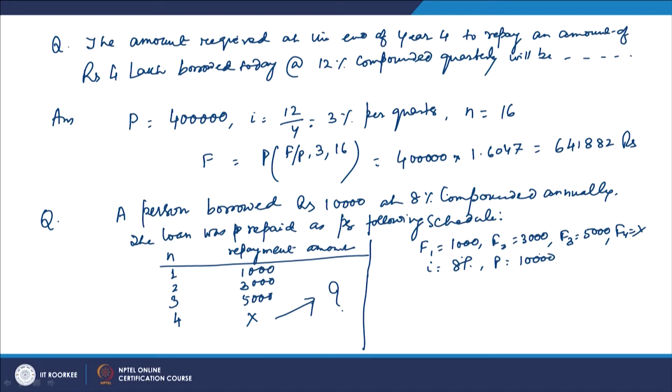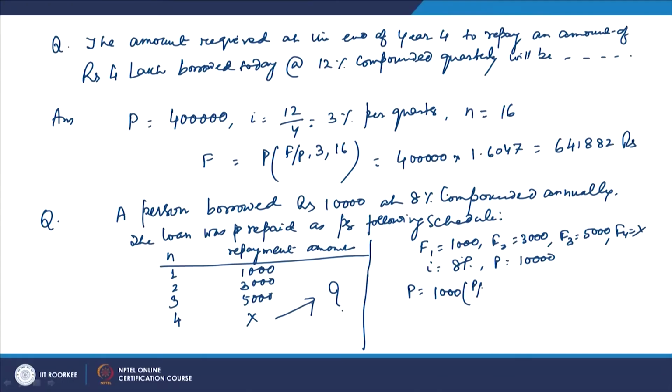So, if you equate the P on both sides, P will be equal to, now this 1,000 is there. So, it has to be driven back one period towards the left. So, it will be multiplied with the P by F factor. So, it will be P by F 8 1.